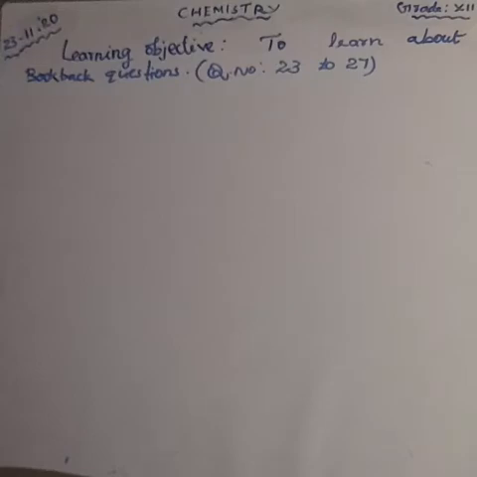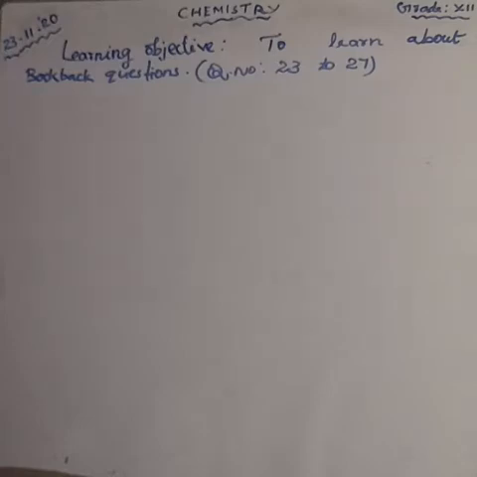What is the question number 23? The rate constant for a first order reaction is 1.54 into 10 raised to minus 3 second raised to minus 1. Calculate its half-life period. Already we know that one. We already learned about the half-life period, am I right? We know the formula. What is the formula for half-life period? T half.